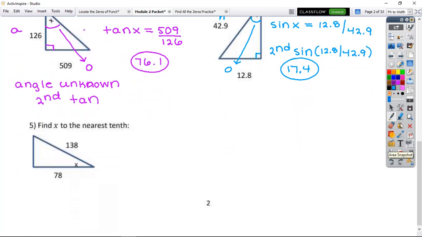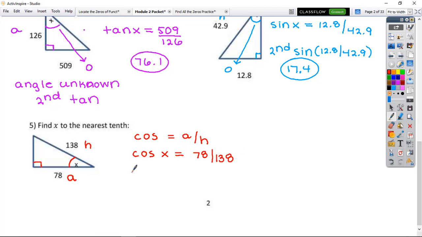And then next number 5 here. So find x to the nearest tenth again. So once again, you have an unknown angle, meaning we have to hit the second function again. So the 138 is my hypotenuse and the 78 is my adjacent side. So this time you have a cosine function. So cosine is equal to A over H. So I'm going to go cosine of x is equal to 78 over 138.